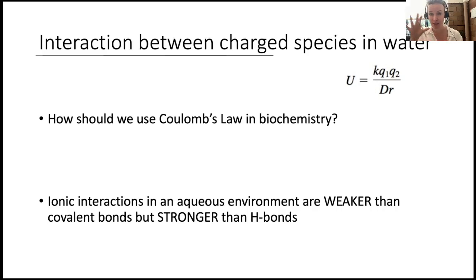Okay, so let's think broadly about this equation. What do we know? We know Q1 and Q2 are the charges, and R is distance. So how should we use Coulomb's law in biochemistry? Well, if Q1, let's say, is 1, Q2 is, let's say, -2, and R is 1.